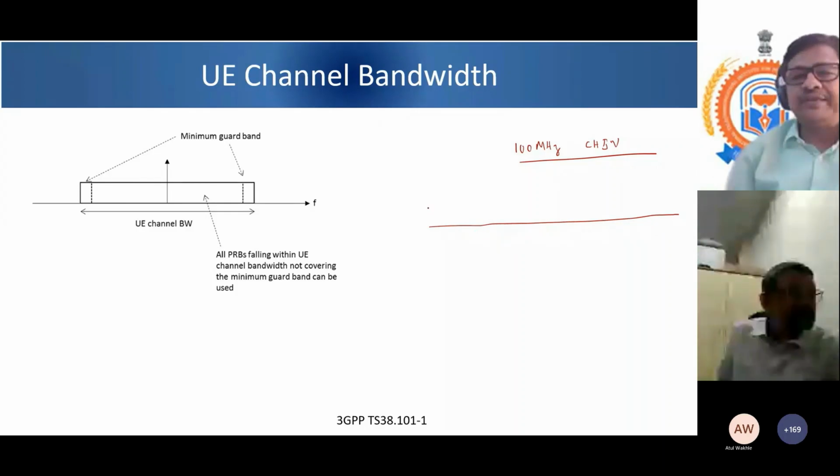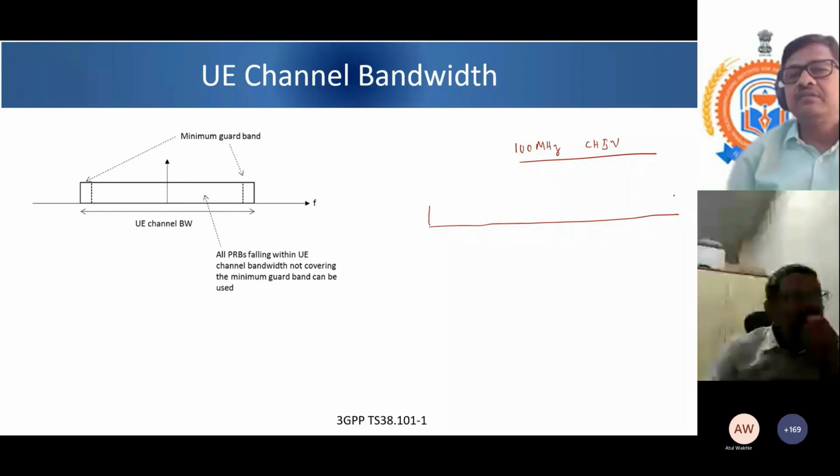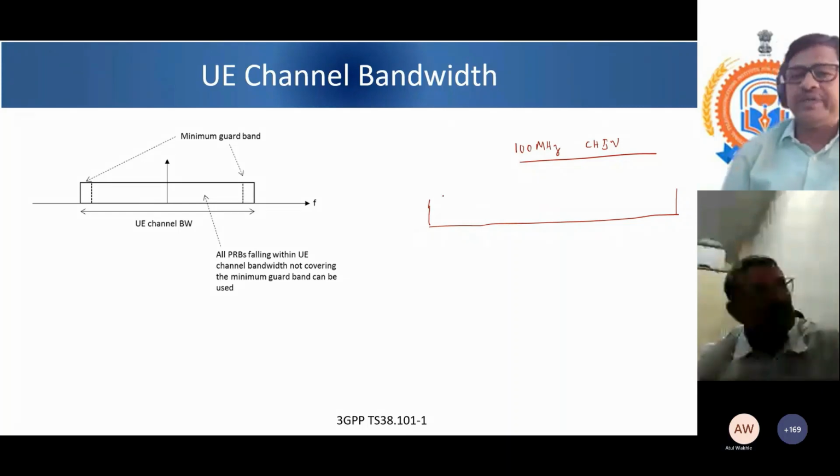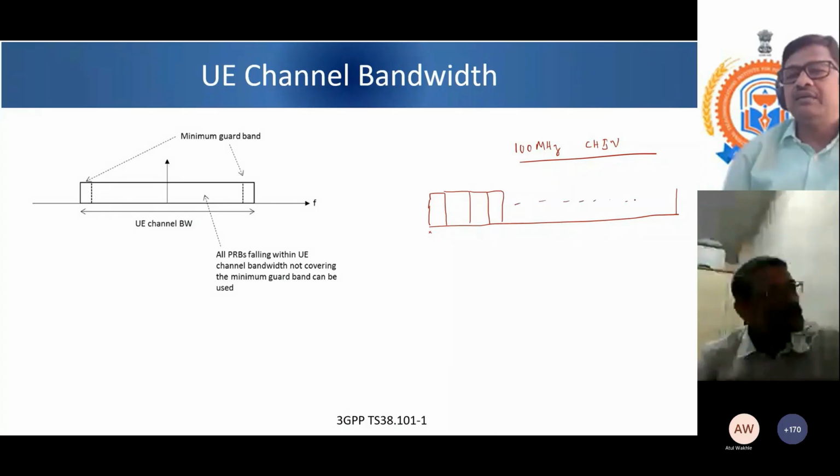So from the entire channel bandwidth, the start point of RB, one RB will start at some frequency point, right? It will not start at every point. So suppose it is starting from here, and this is your first RB, second RB, third RB, fourth RB, and so on. And there are many RBs here, right?